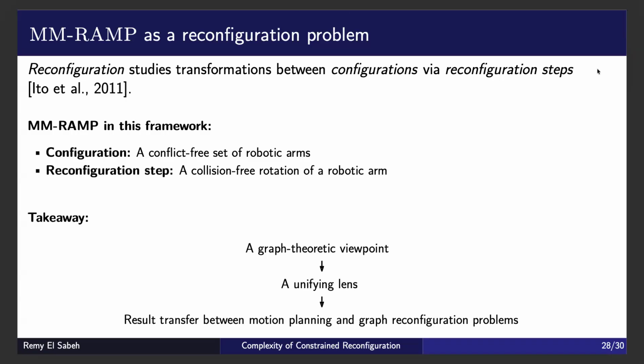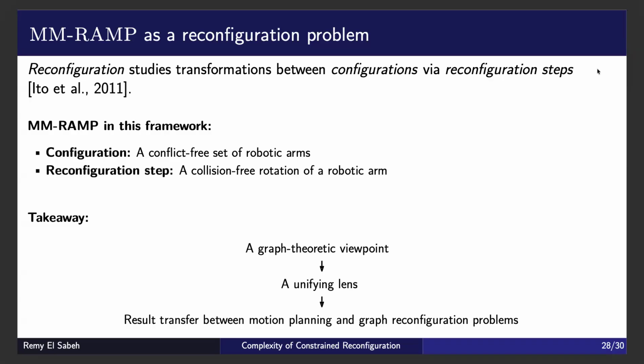So why did we get here? We're using MMRAMP in some way to join SMRAMP and its graph theoretic encoding to the graph reconfiguration realm of things.